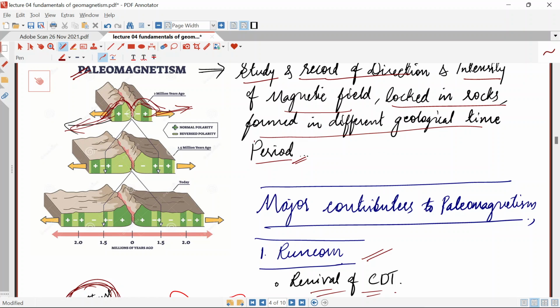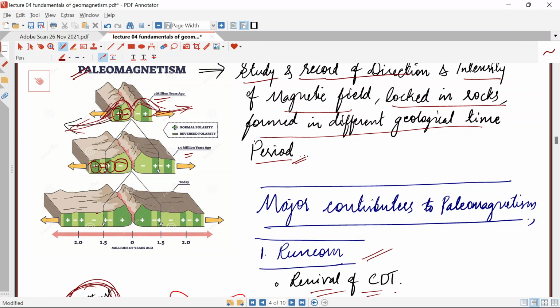If you consider, initially this is the reverse polarity zone, and this is the positive polarity zone. Initially, 2 million years ago this happened. After passage of time, that is now 1.5 million years ago, first we have the negative polarity, that is reverse polarity, then we'll have normal polarity, then reverse polarity, and then normal polarity.